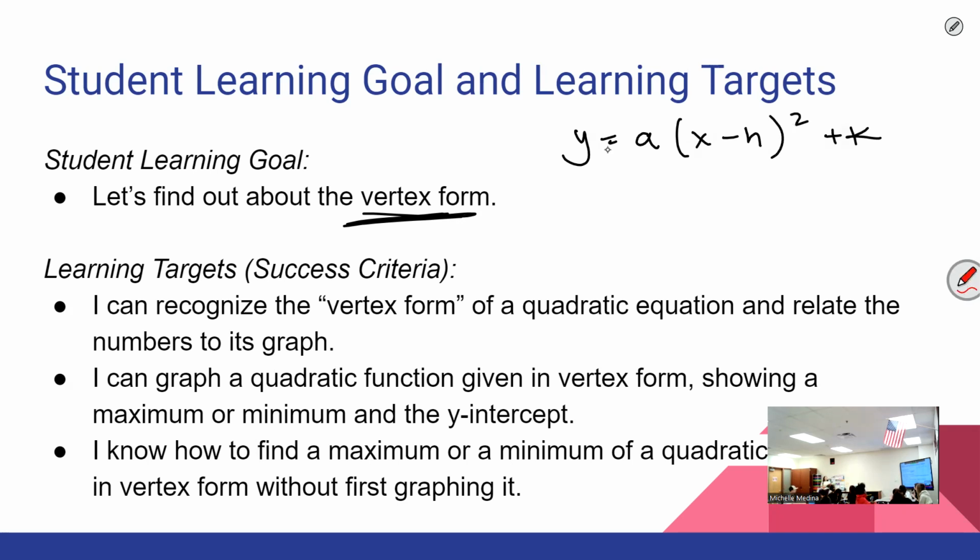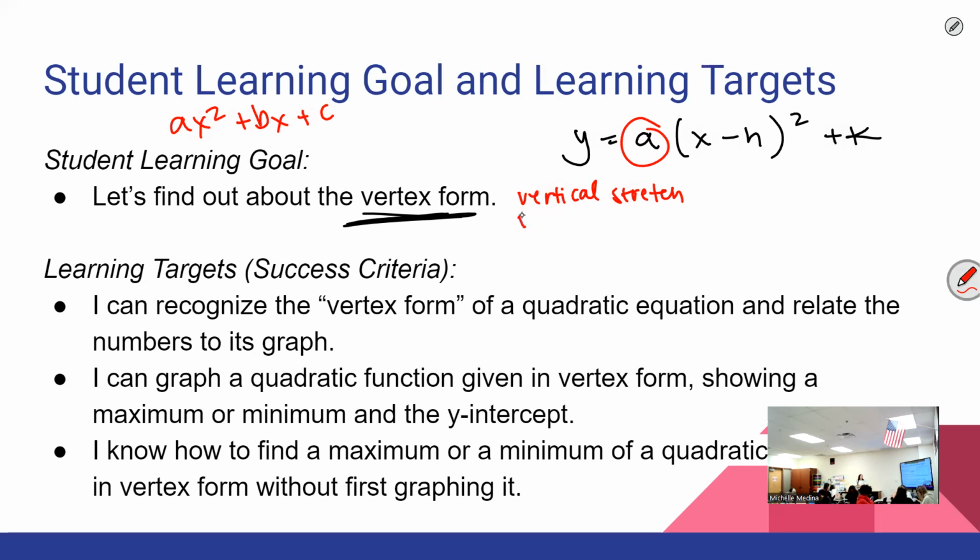A is really the same as it was when compared to our standard form, ax squared plus bx plus c. You know that certain changes to the A affect the graph in certain ways. It could make a vertical stretch if it's a number greater than 1 or less than -1 that you're multiplying it by.